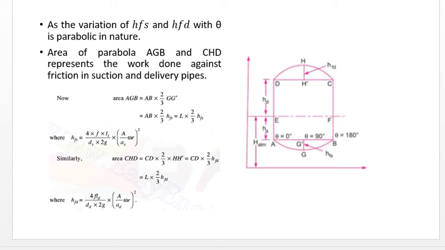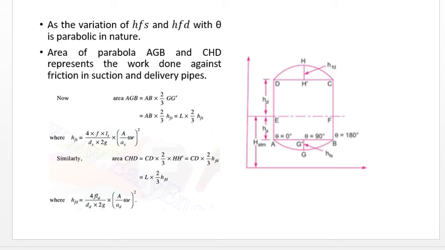And at the end of the stroke, when θ is equal to 180 degrees, again the value of the frictional head is 0. So the frictional head shows its effect only when θ is equal to 90 degrees, or at the middle of the suction or delivery stroke. So the indicator diagram changes in this manner. Initially, under ideal conditions, the indicator diagram was ABCD, but under the effect of the frictional head, it will change as AGBCHD.